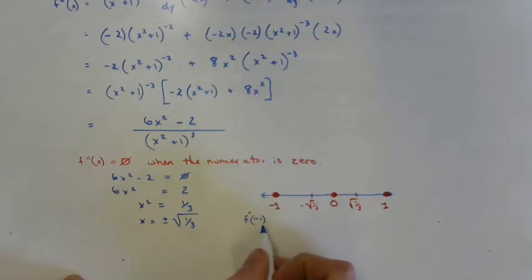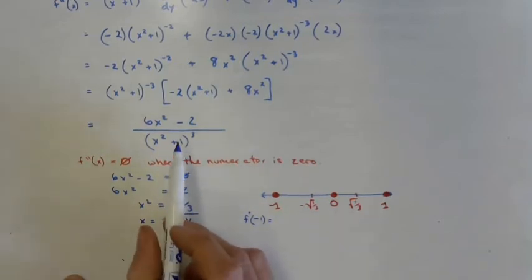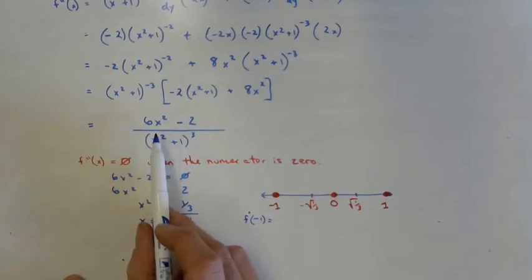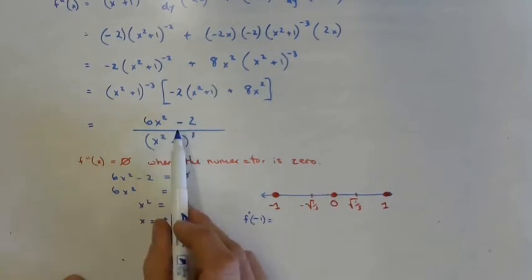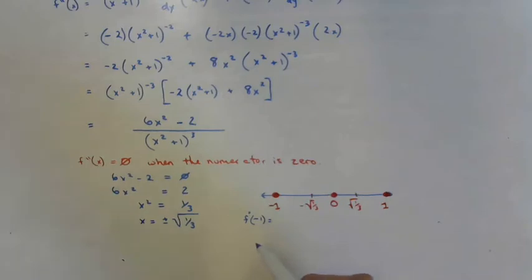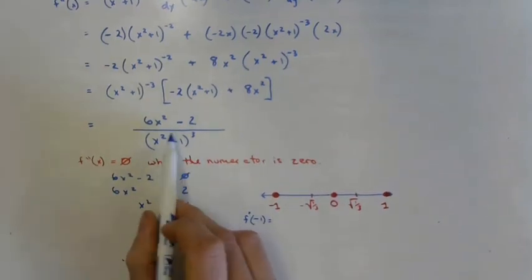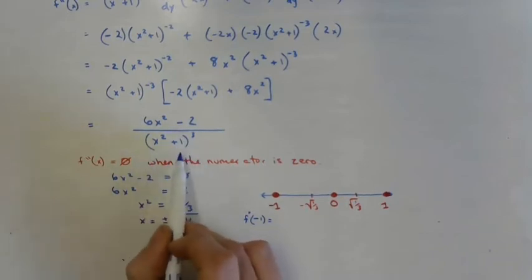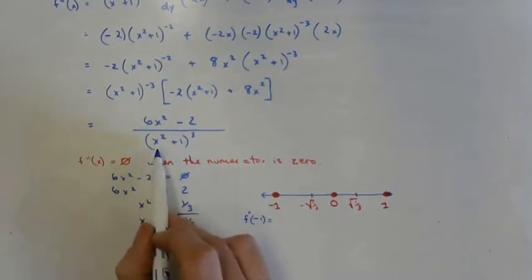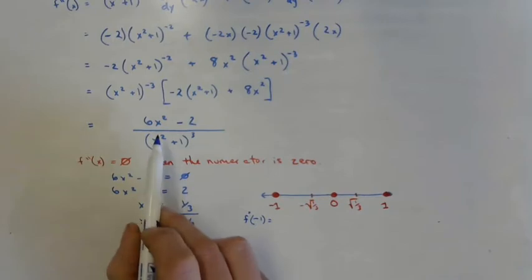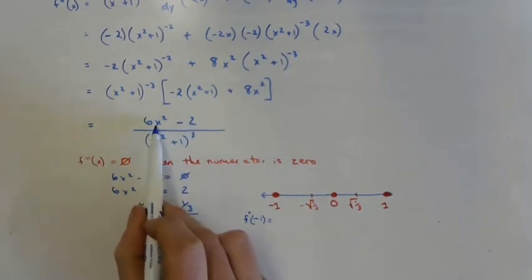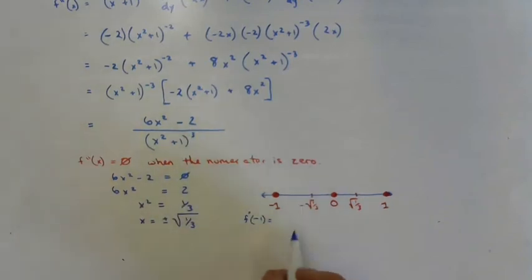Basically means I sub -1 in there. And I just have to sub it into the numerator in order to get the sign. Because this denominator, again, is going to always be positive because of this x squared right here. Okay, so that's always going to be positive. So I'm just putting it in the numerator. I get 6 times 1 minus 2, that's positive.